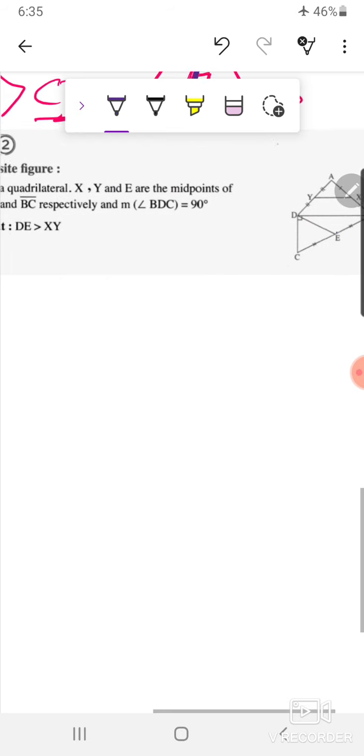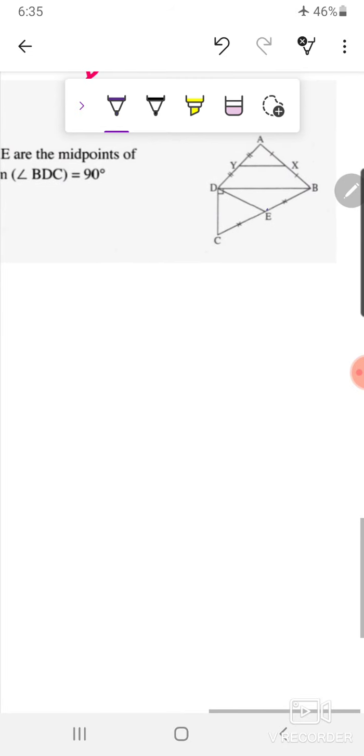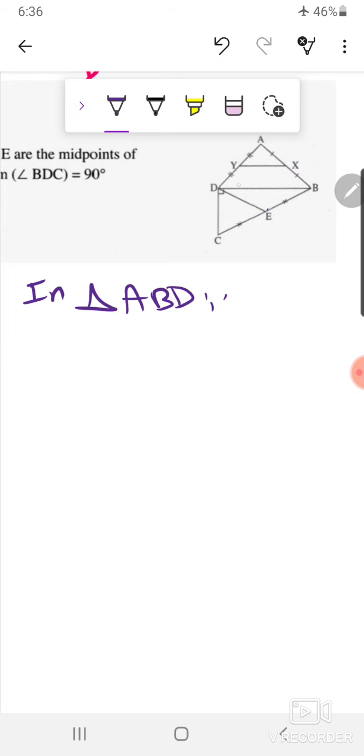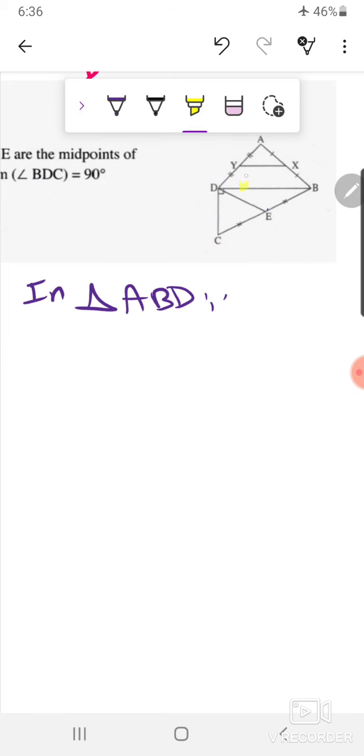Now, let's prove. I put the opposite figure, and let's prove it. First of all, in triangle ABD, which one is triangle ABD? Let's see, ABD, this part. Let's color it.